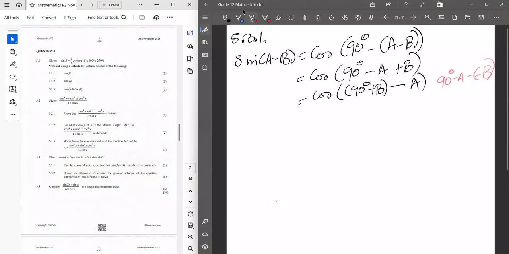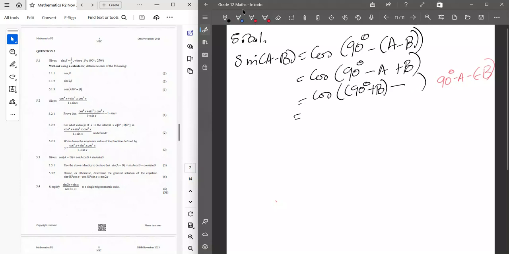Whichever you want to work with still works. I don't know which one you want to go with, this one or this one. Even this one works. So, let's go. We have to prove this. I think it's going to work.